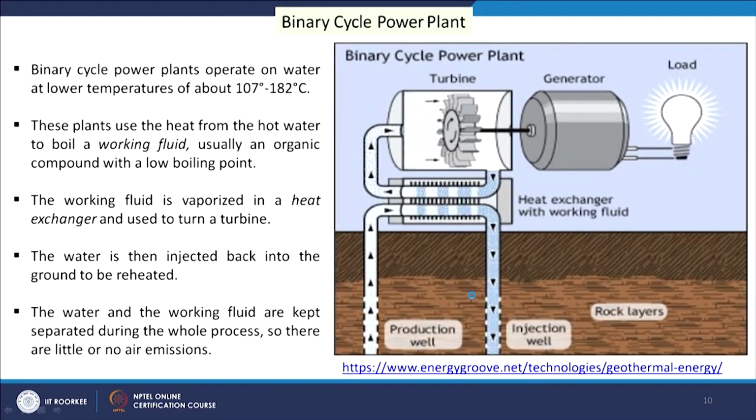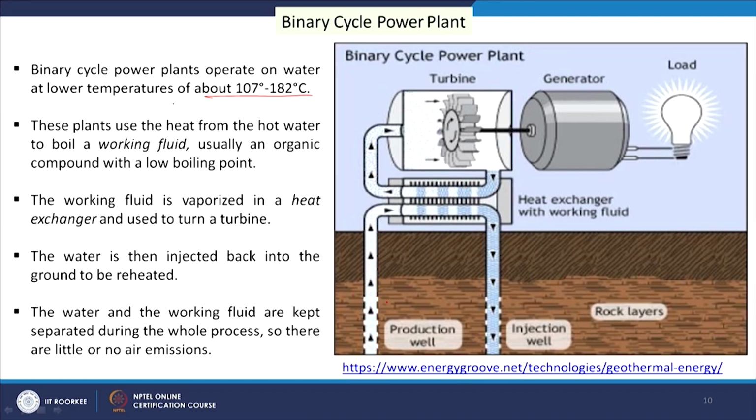Then the binary cycle power plant, where the temperature is not that high, say 107 to 182 degree centigrade, and the water will be at high pressure. So, this will come here, and we will be using some solvent for the recovery of that heat.